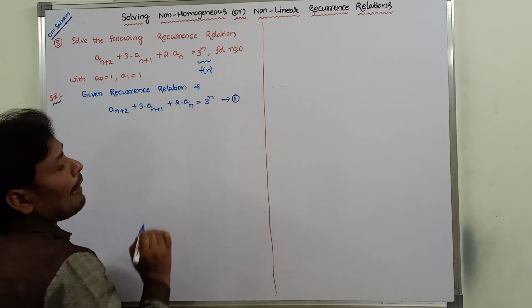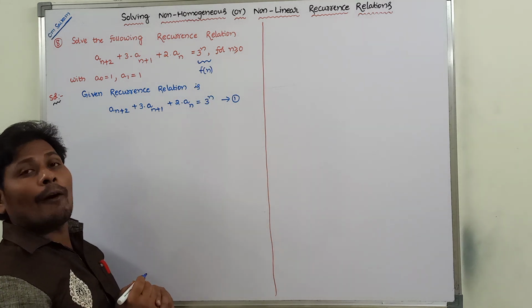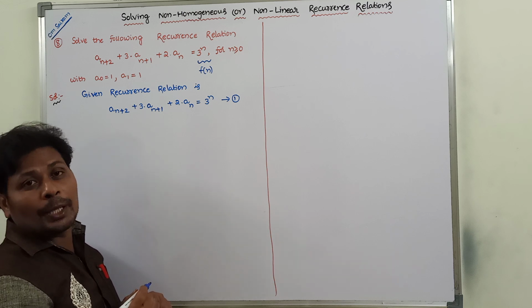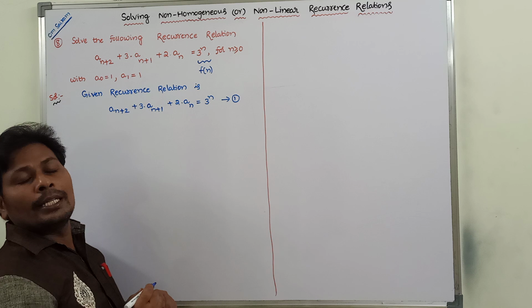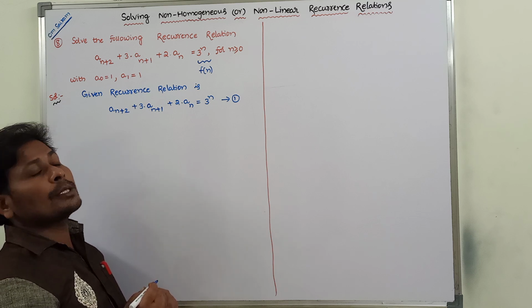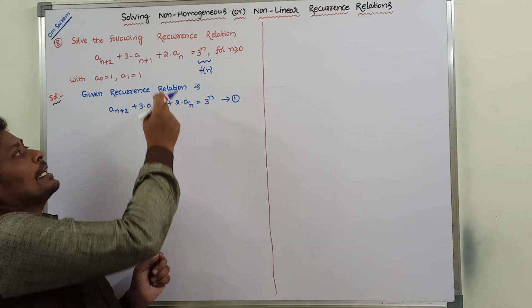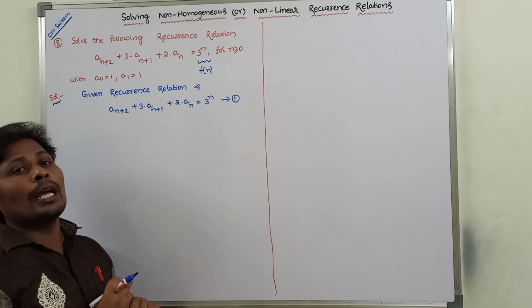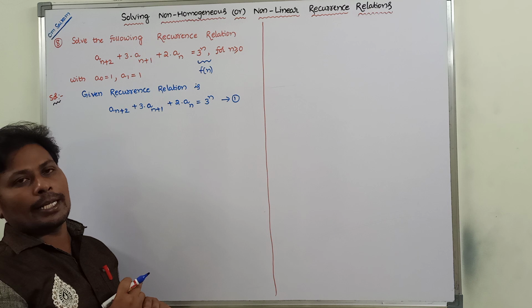Whenever the f of n value on the right hand side of the given recurrence relation is not equal to 0, that means 3 power n is not equal to 0, hence we can say that this recurrence relation is a non-homogeneous or a non-linear recurrence relation.